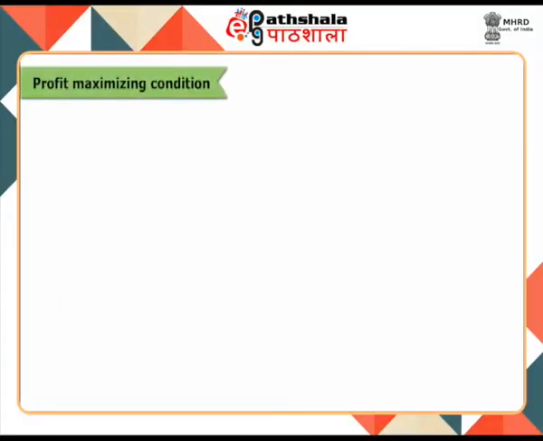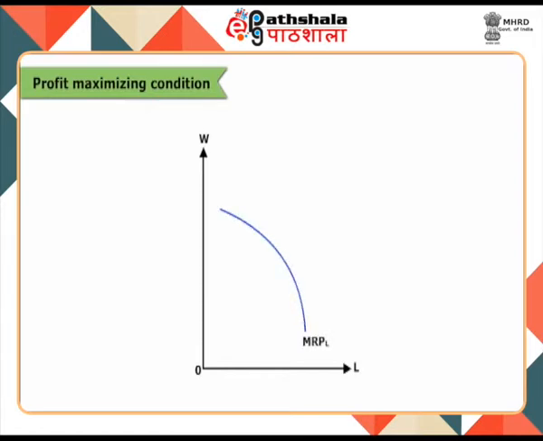Now let us understand the graphical representation of the profit maximizing condition. On the x-axis, we take the amount of labor, and on the y-axis, we take the wage rate. The demand curve for labor is given by the MRPL curve.